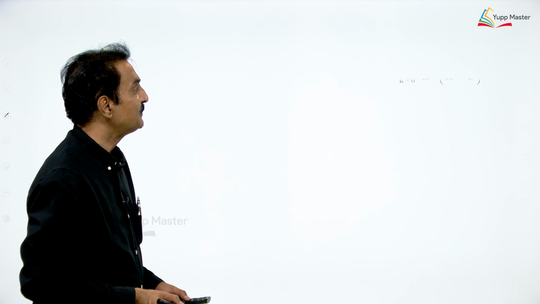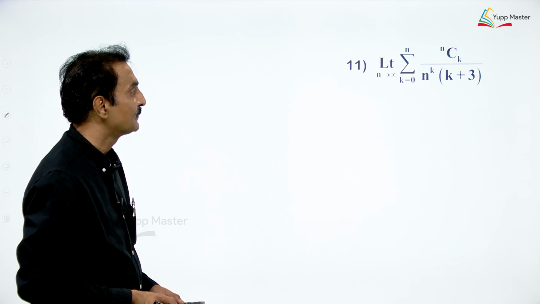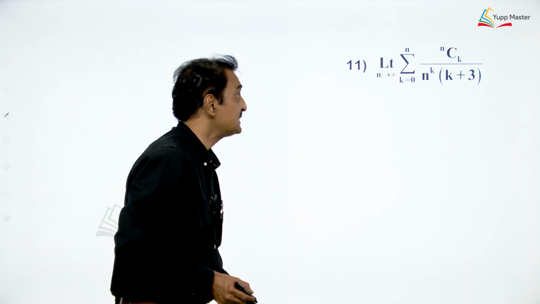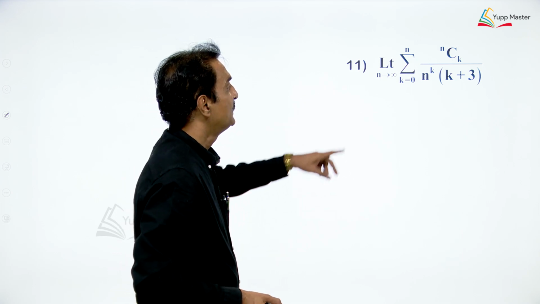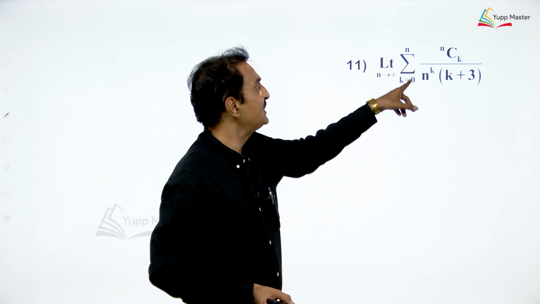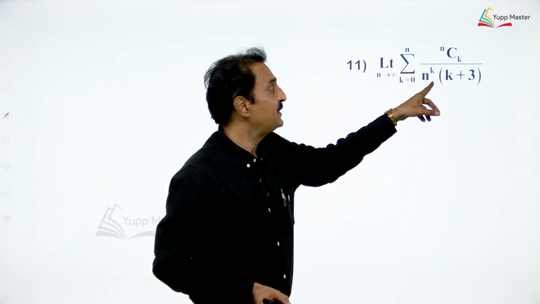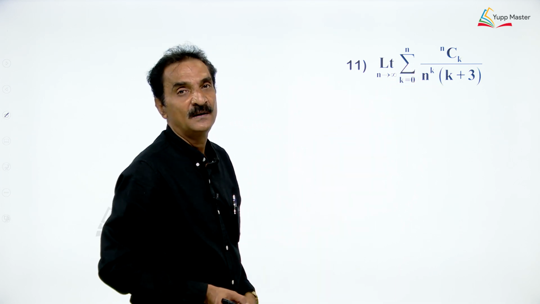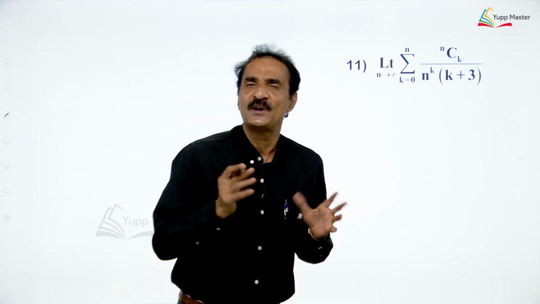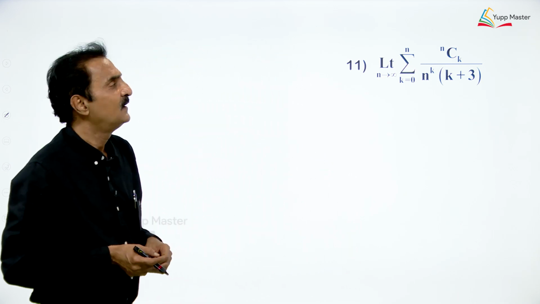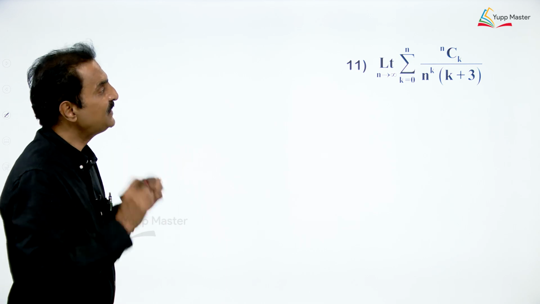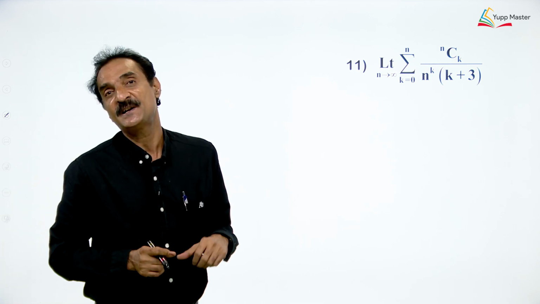Now, the next question: limit as n tends to infinity, sigma k varies from 0 to n, nCk by n power k into k plus 3. This is the question asked by many students number of times. We have to find this limit by using definite integral.